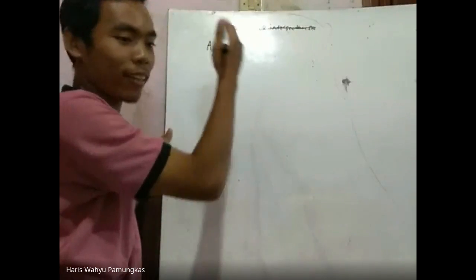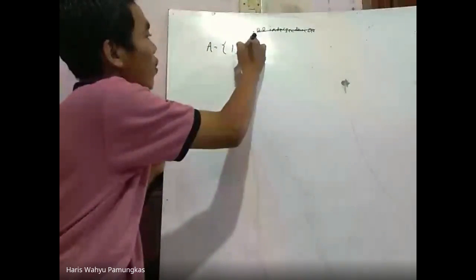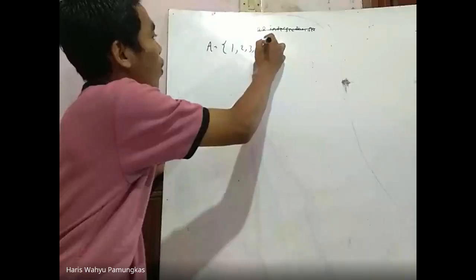If we have set A, the elements are 1, 2, 3, and 4.